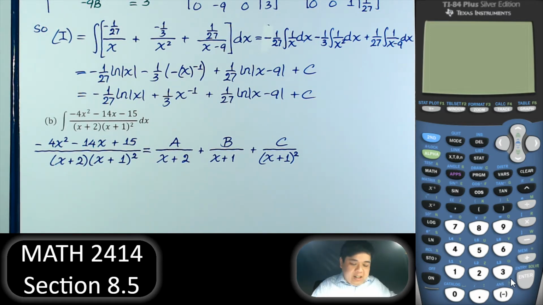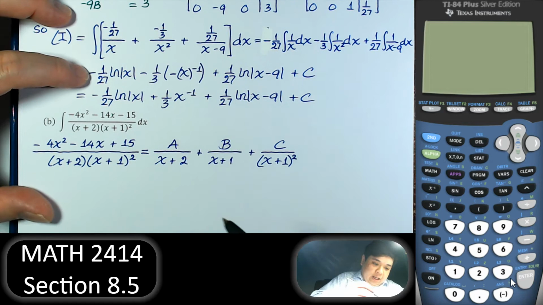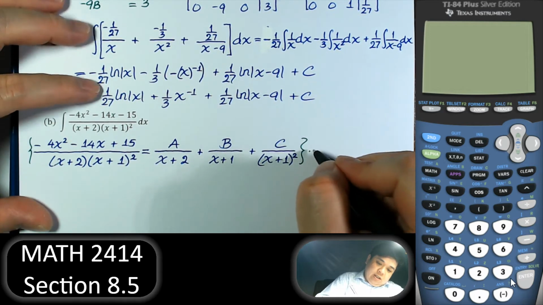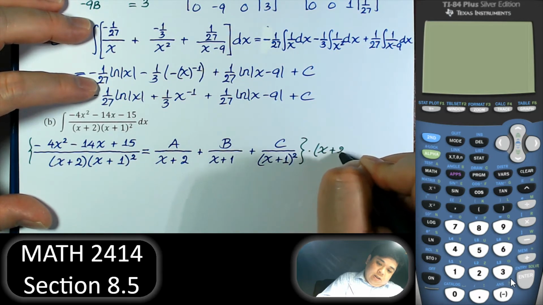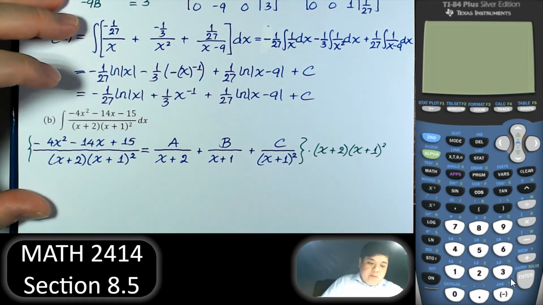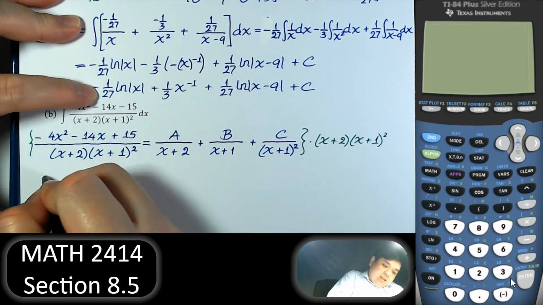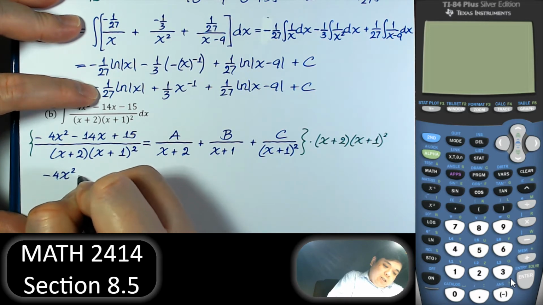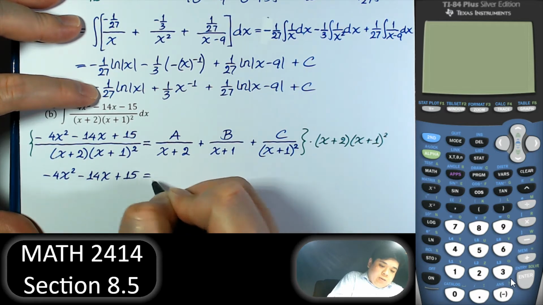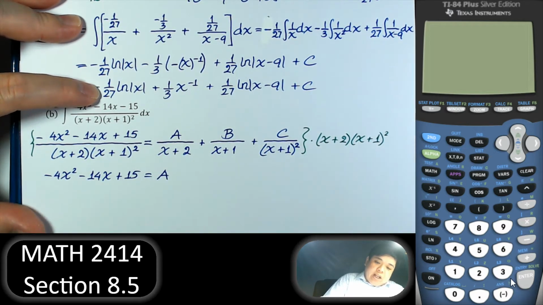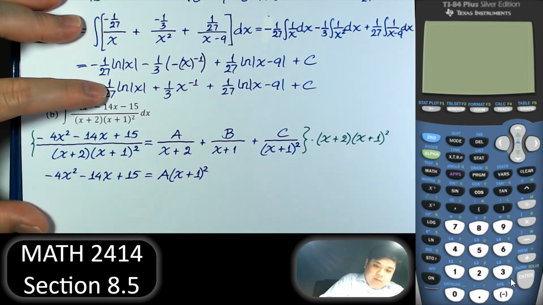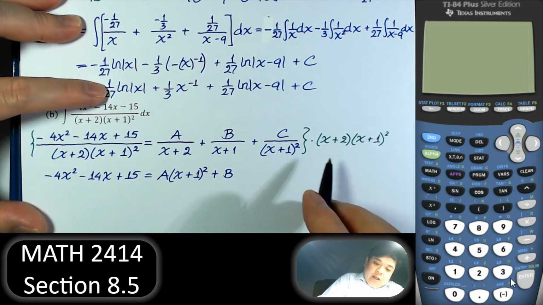Simple enough. Right. Now, multiply both sides by the common denominator of this. That cancels out. x plus 2 and x plus 2 cancel out. x plus 1 squared.